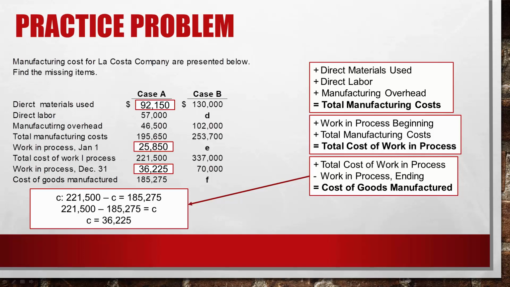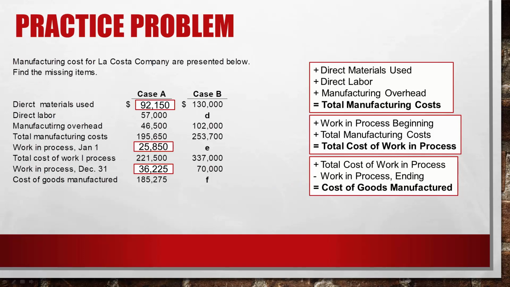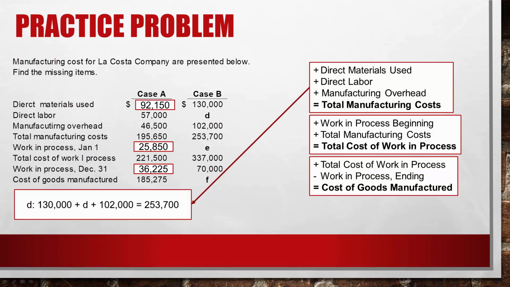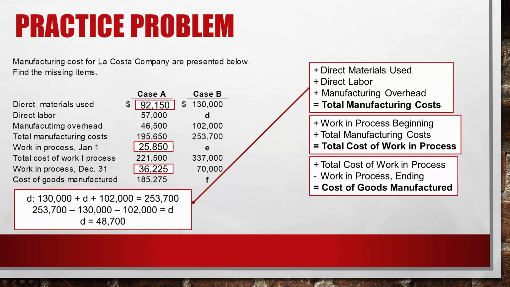Now let's go through case B. Case B is a little bit more difficult because the items are not necessarily right there at the beginning of the formula. So again, in case B, our first item missing is D, which is our direct labor number. So we're back to that top formula. We can plug in the numbers here into our formula, find our missing item of D, and determine that it's $48,700.